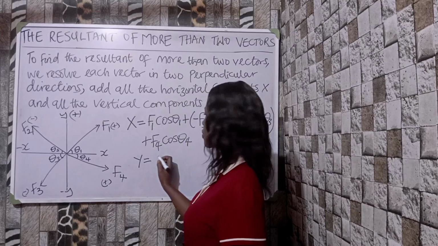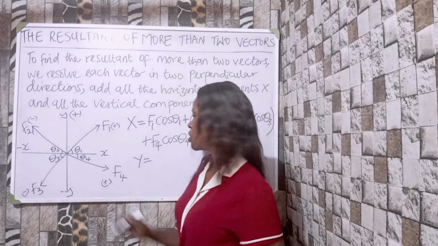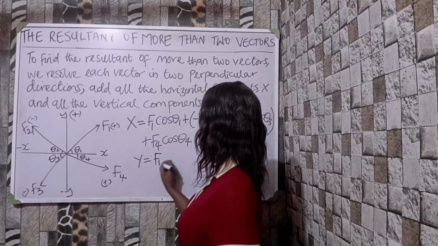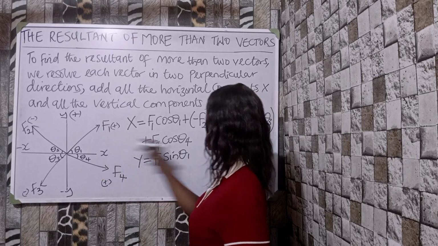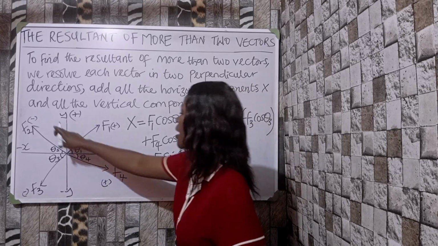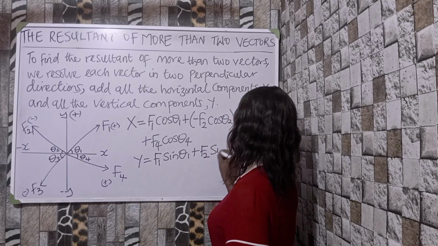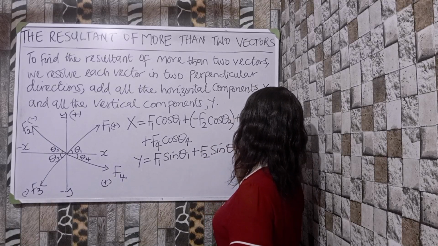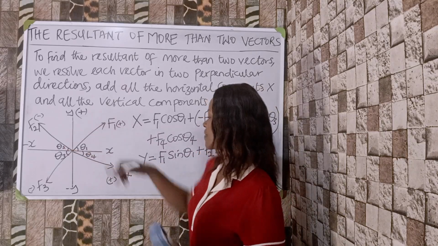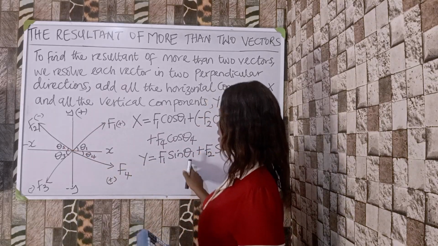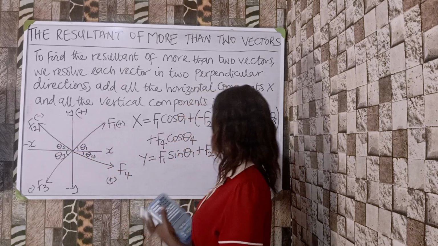Okay, so let's go. Remember that vertical goes with sine. So this is f1 sine theta 1 plus f2 sine theta 2.